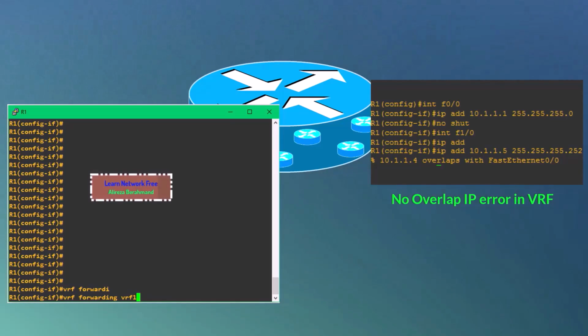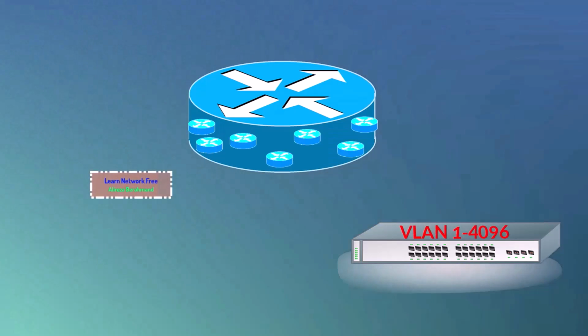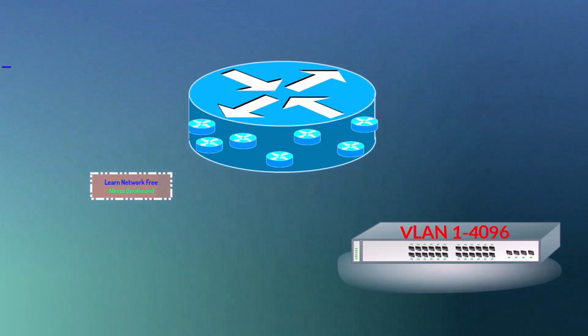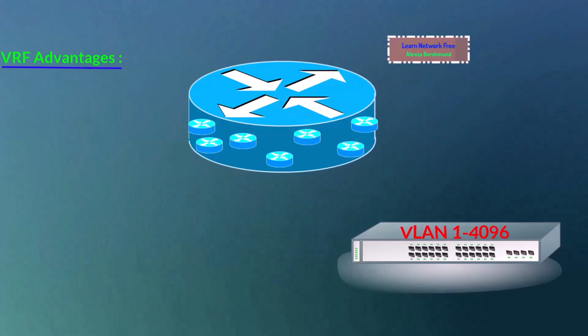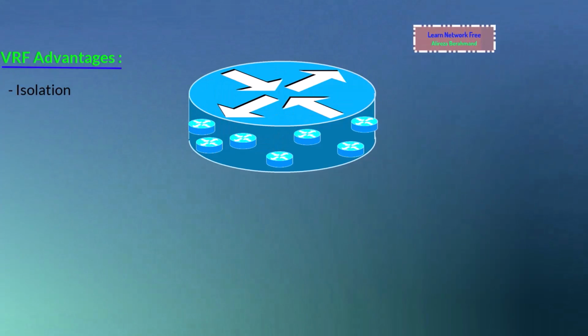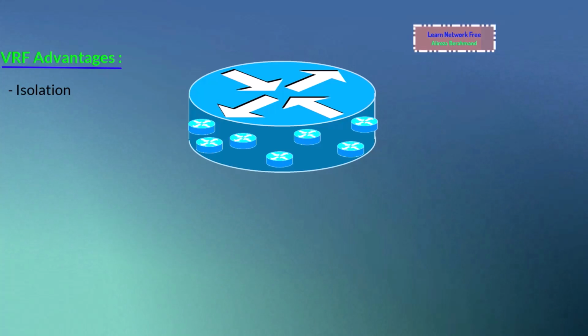If you wonder what it actually looks like, I can say it's just like VLAN, where we can have several switches in one switch, right? That's interesting. Now, what are the benefits of using VRF? Isolation. VRFs allow network administrators to isolate traffic, ensuring that routes from one VRF do not interfere with another.